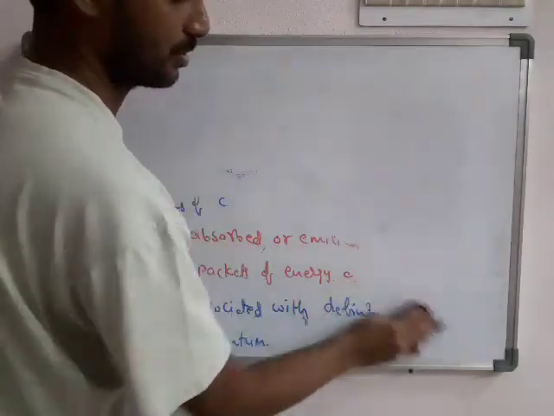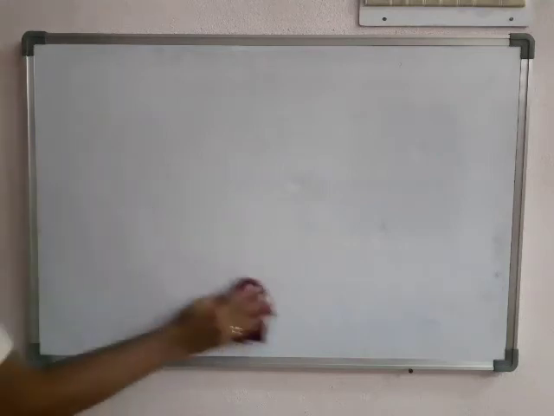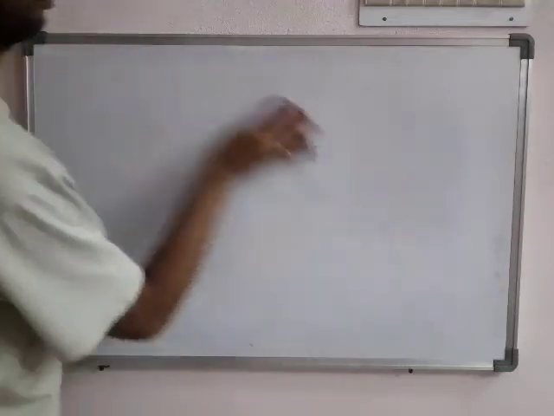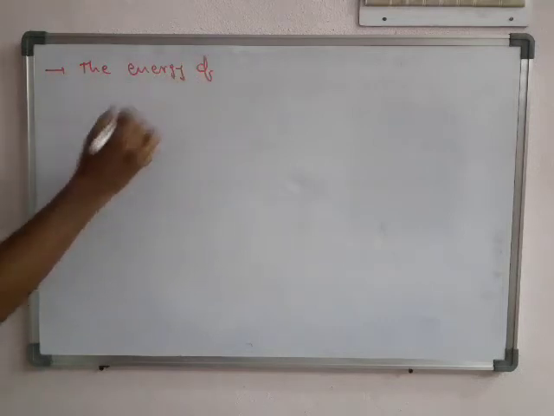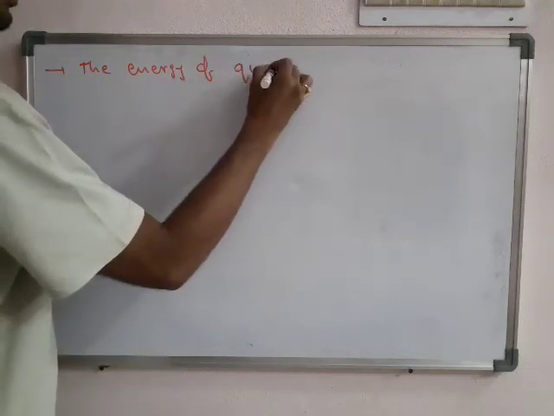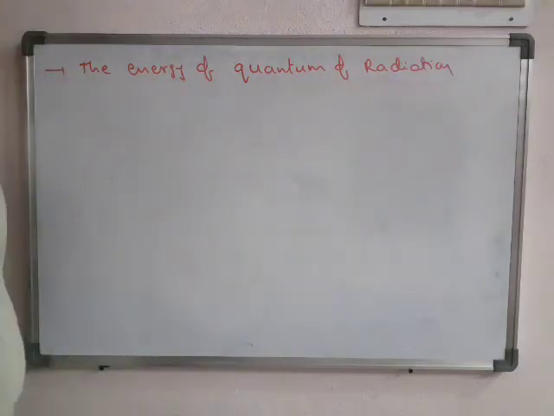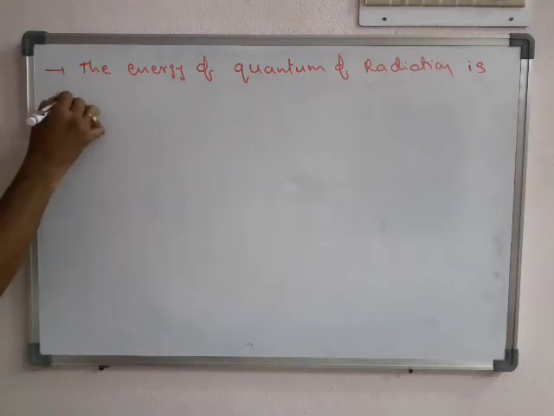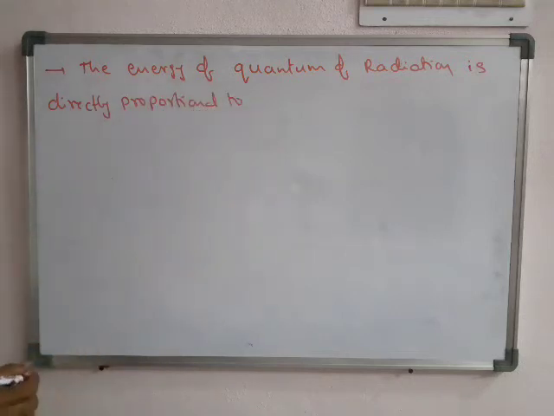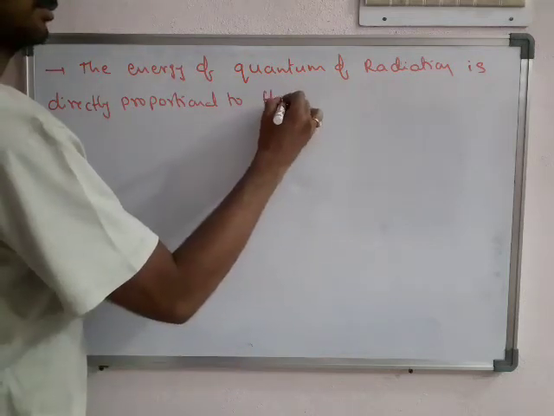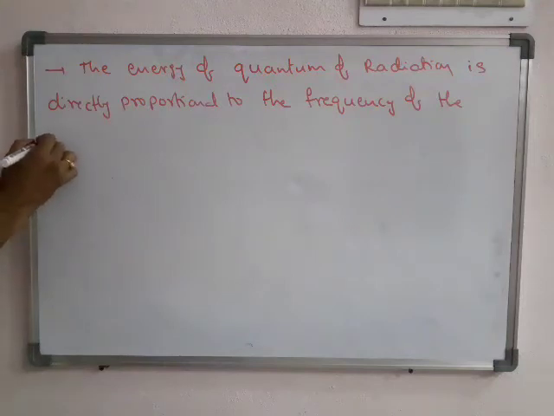Now we see the mathematical expressions for it. The energy of a quantum of radiation is always directly proportional to the frequency of that particular radiation.